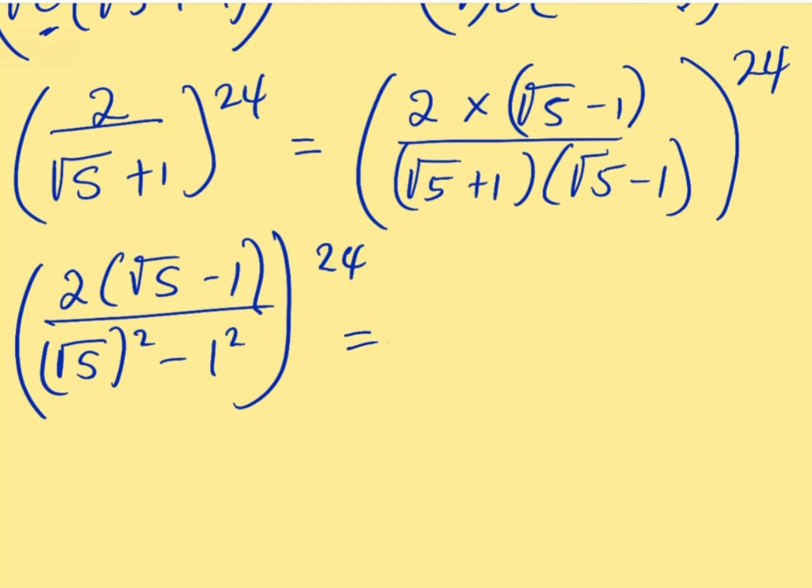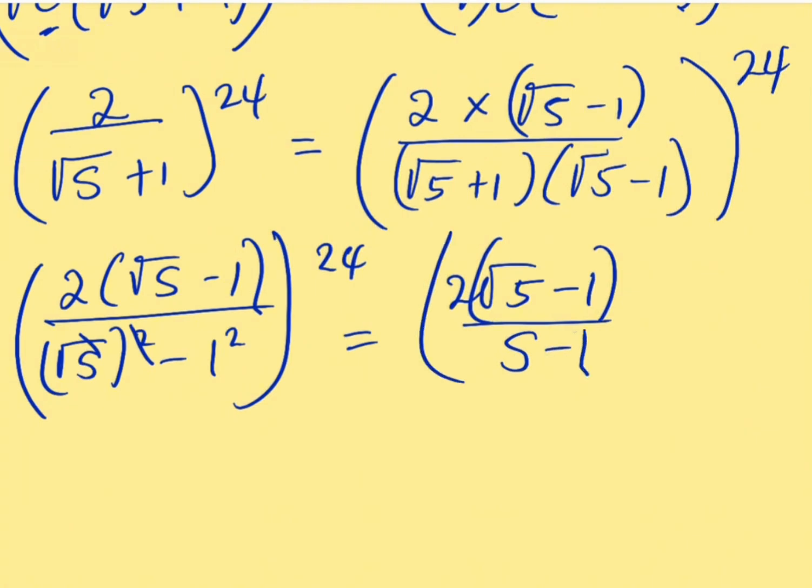Now this will turn into 2 multiplied by root 5 minus 1 over, this we cancel out, remaining 5, and 1 squared is still 1, then everything raised to the power of 24.